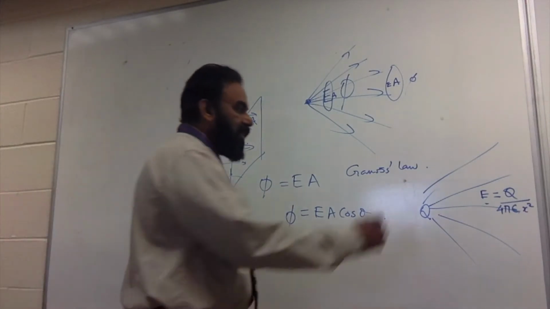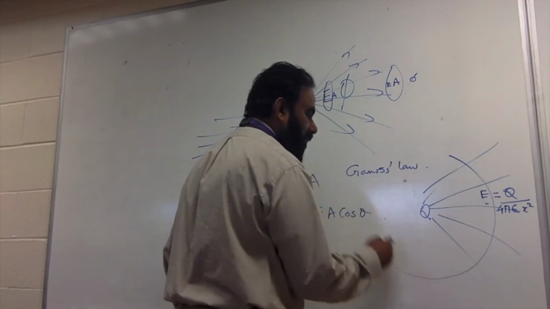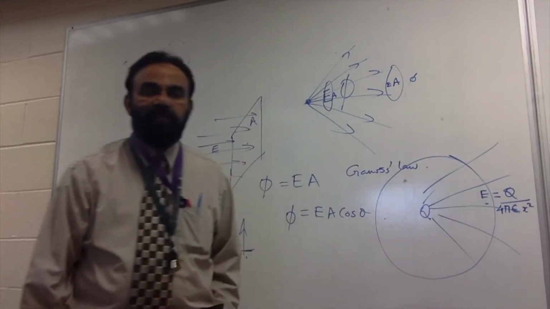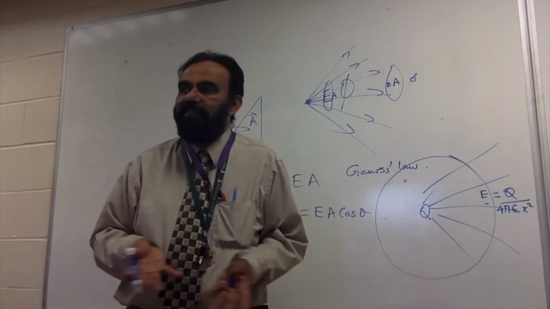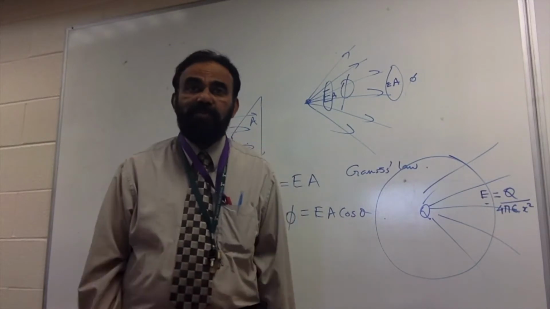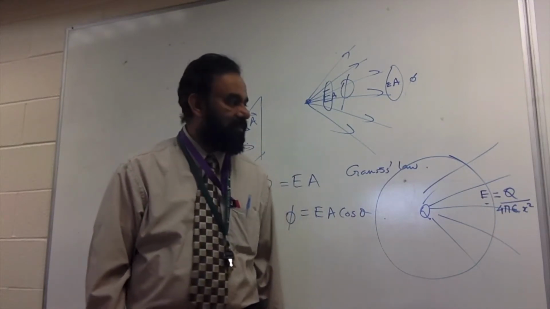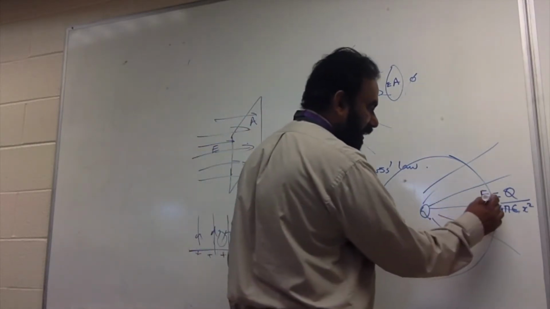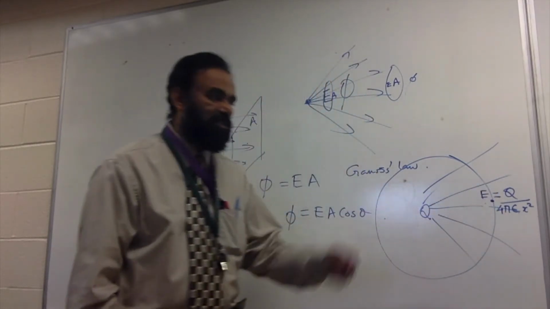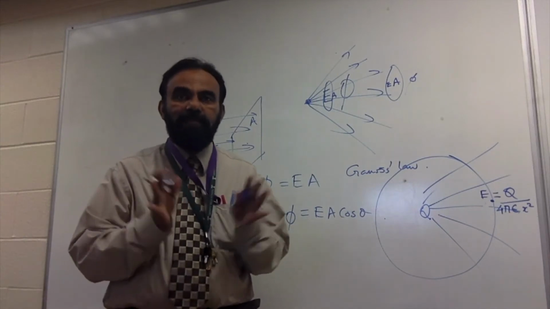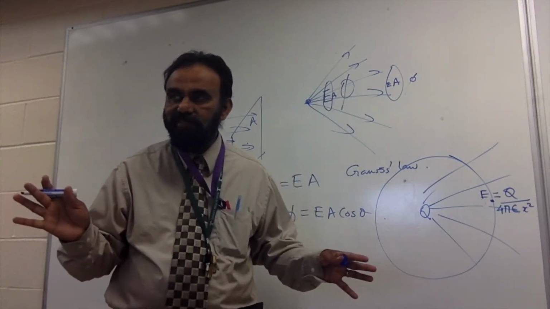And now, suppose I make a fence over here. If I ask you, how much flux is actually coming out from that fence? I created the fence exactly at the location where the E is that much. How much flux is seeping out of that fence?